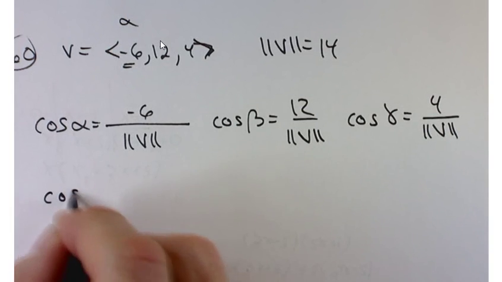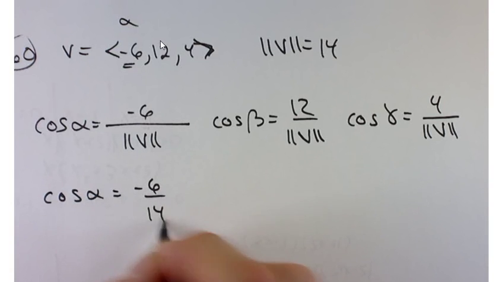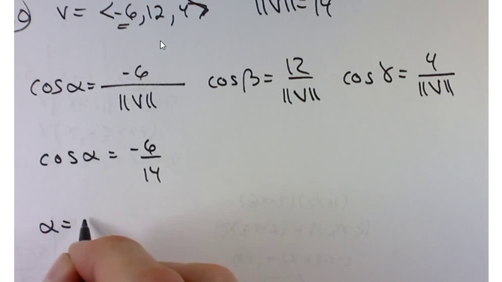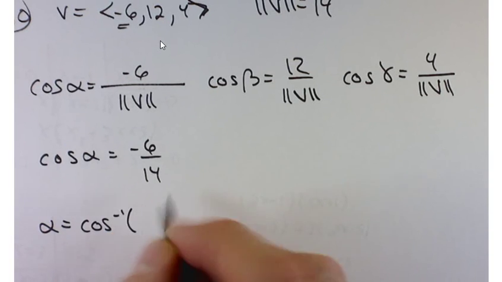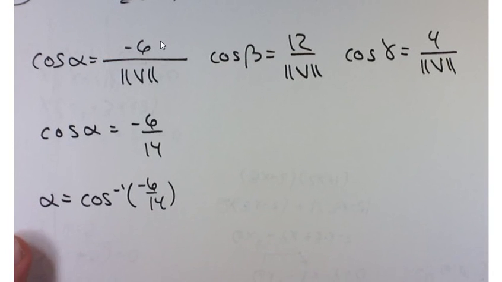So how's that work out? Cosine of alpha is going to be negative 6 over 14. So alpha is going to be the inverse cosine of negative 6 over 14. And again, you can put this into your calculator like this. Your calculator is not going to really thank you and put you on its Christmas card list if you reduce that and put it in lowest terms.